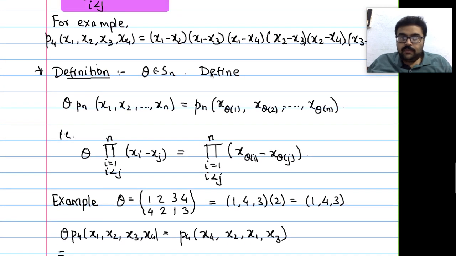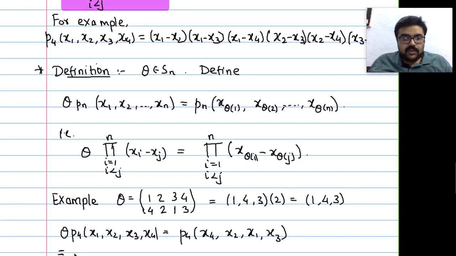So x1 minus x2 is going to be replaced: 1 goes to 4, so x4 minus x2. Then x1 minus x3. x1 is going to x4, and x3 has become x1, so this is x4 minus x1, because 3 goes to 1.